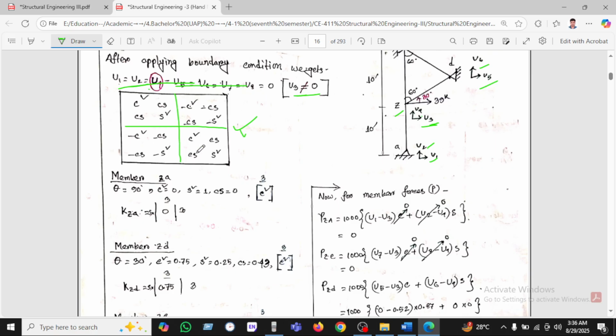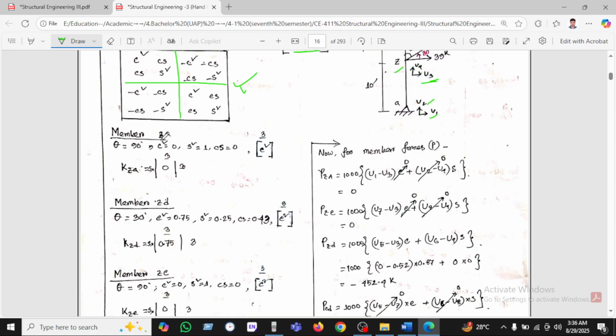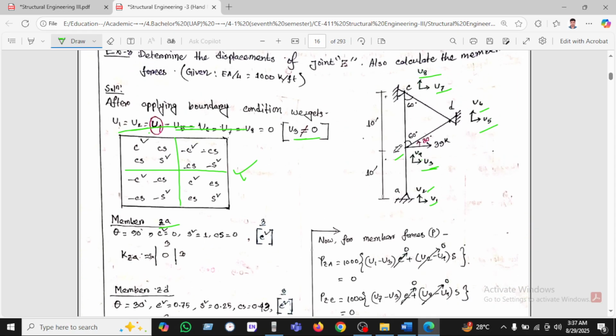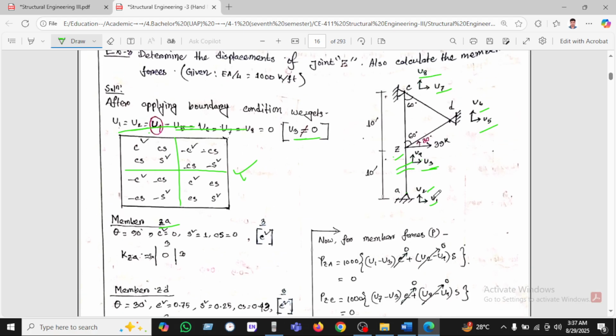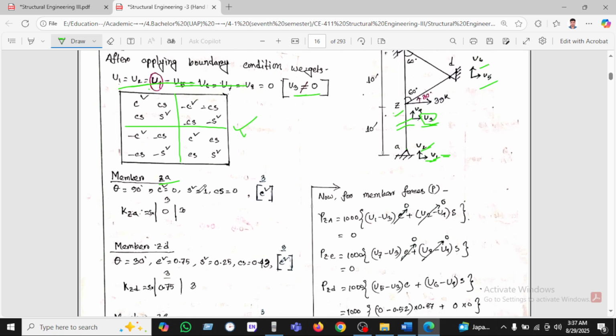So after applying this, we can calculate ZA, that means this member. So we have seen 1 is 0, 2 is 0, 5 is 0, because there will be no displacement. Only U3 can have displacement, that's why we've been taking 3 into 3. 1, 2, 3, 4.